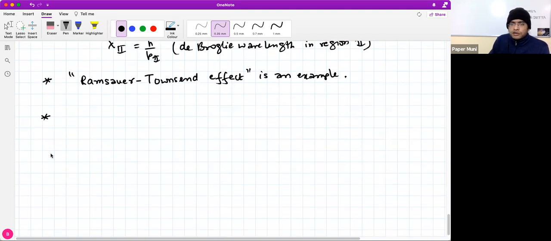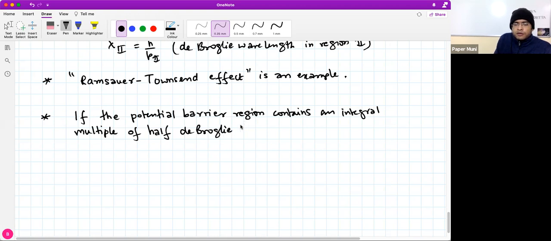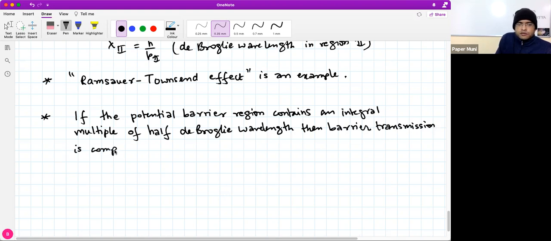Let me write down whatever I told you as a statement: if the potential barrier region contains an integral multiple of half de Broglie wavelengths, then barrier transmission is complete, which is T equal to 1.